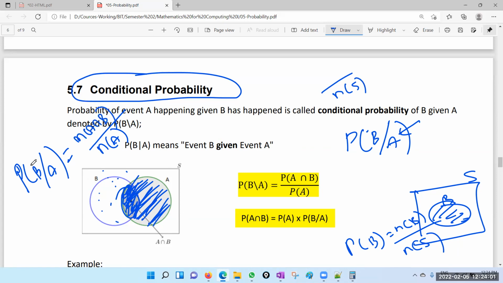So that is the formula for conditional probability of B given A has happened. Right? So conditional probability of B given A has happened is NA intersection B divided by NA.